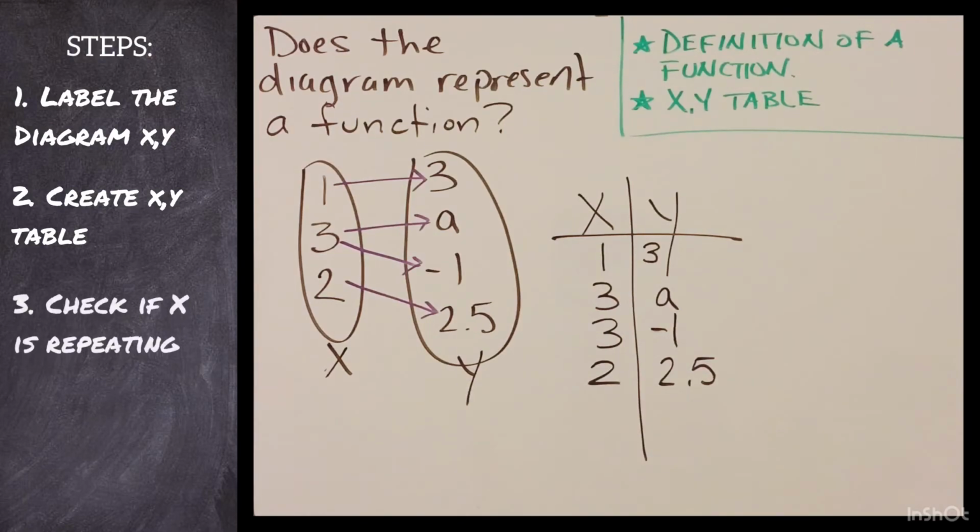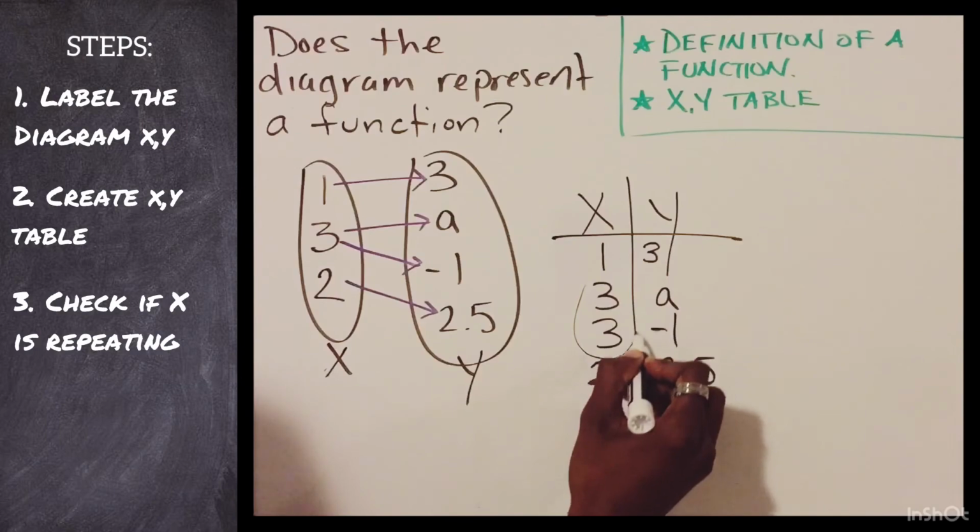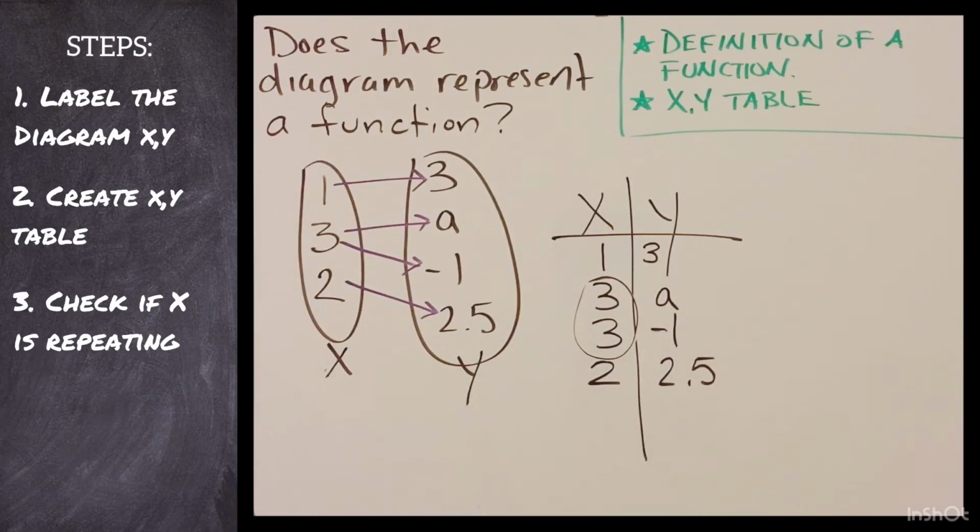Now our final step is to look at this XY table and decide whether or not we see a repeating X value. And I think automatically you can see that, yes, X has a 1 and there's no other 1s in the X column. X has a 2 and there's no other 2s in the X column. But X also has a 3, and we see that there's another 3 in that X column.